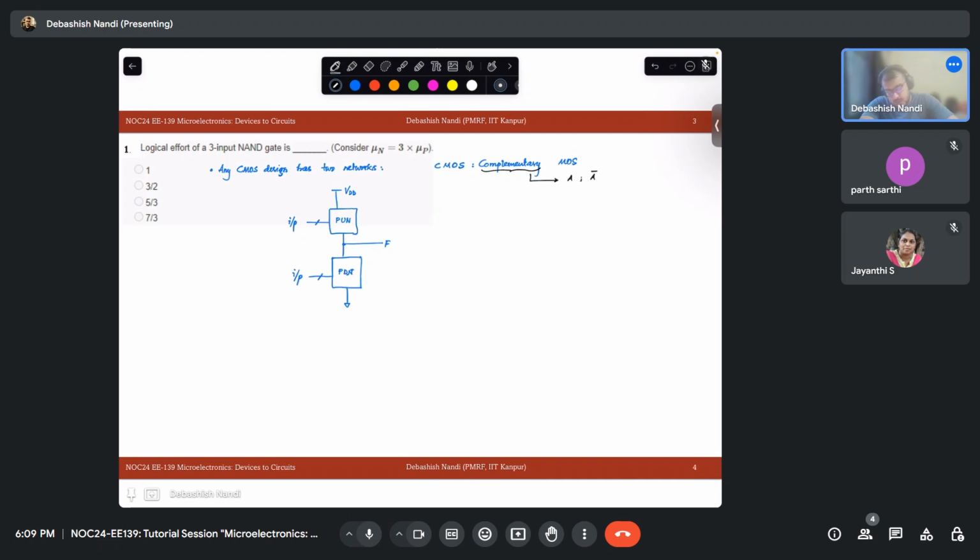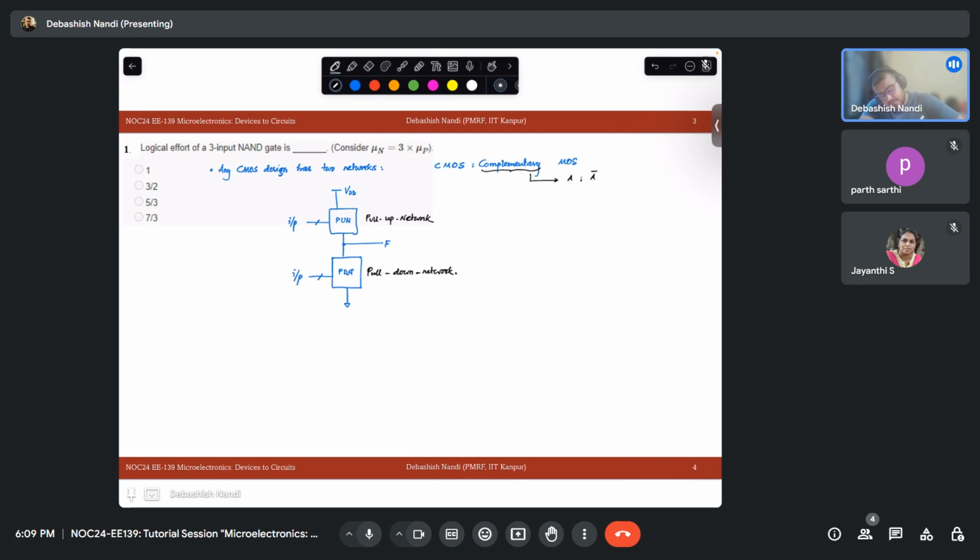So this is your pull up network, this is your pull down network. By the way, why do we call the upper one pull up network and the lower one pull down network? Do you want to comment?